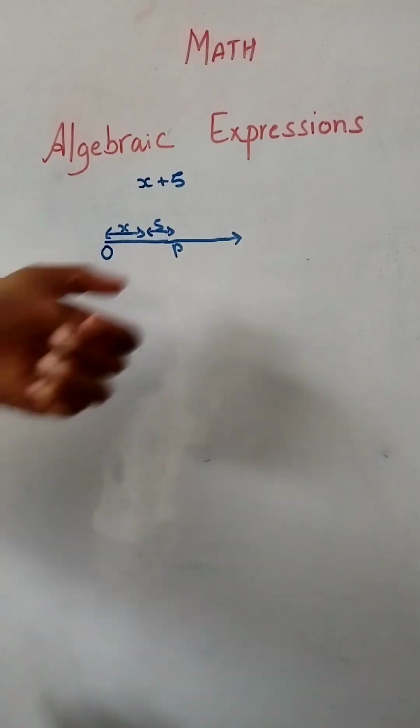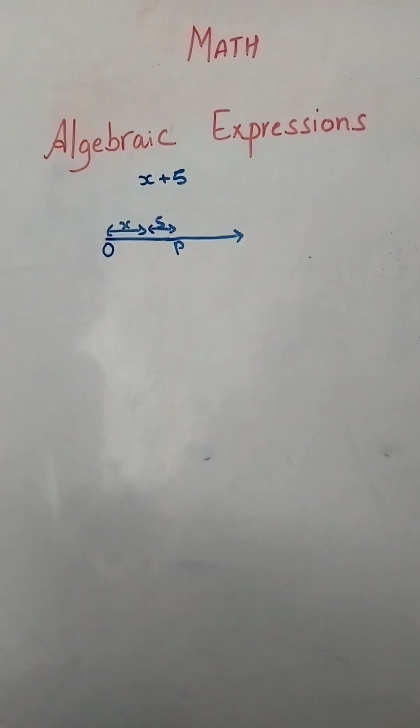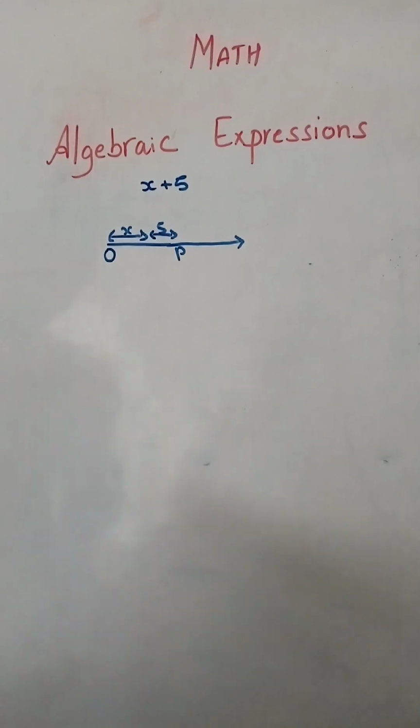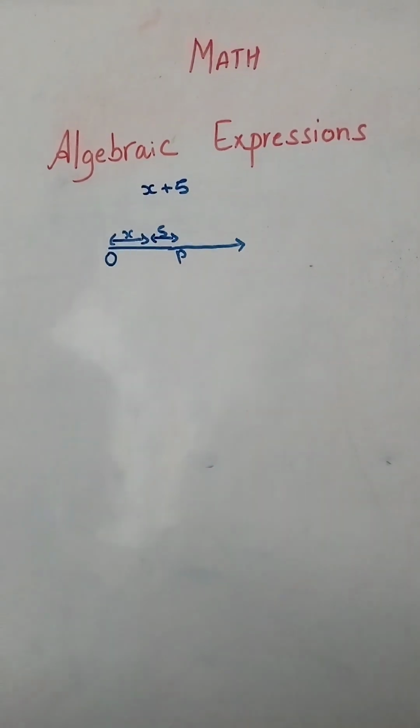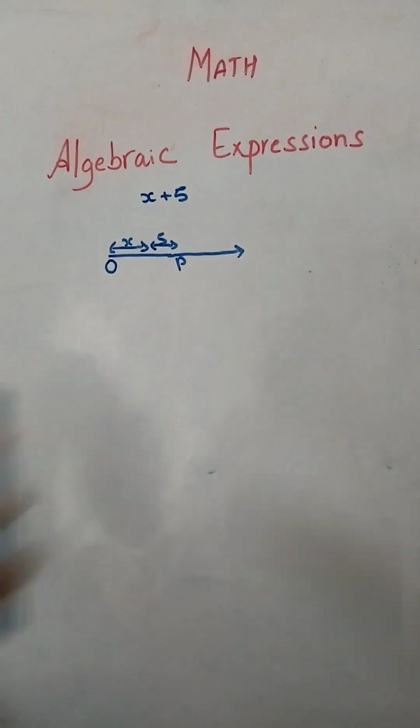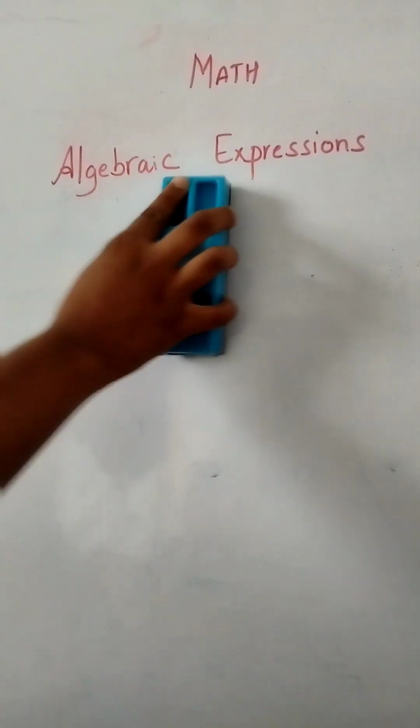To reach point P, we need to go x units from O and then go another 5 units from that x. So this is how to get to the base level of understanding a certain expression. Of course, it can get way more complex, but this is a simple way to understand what expressions are.